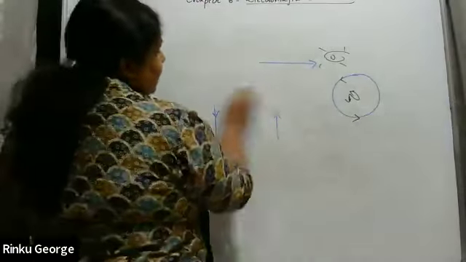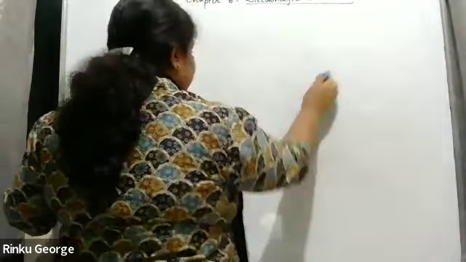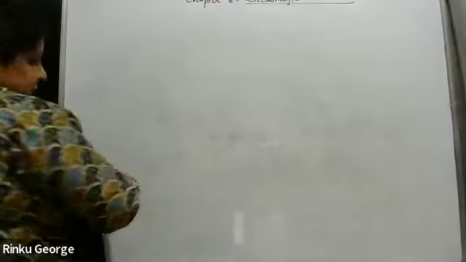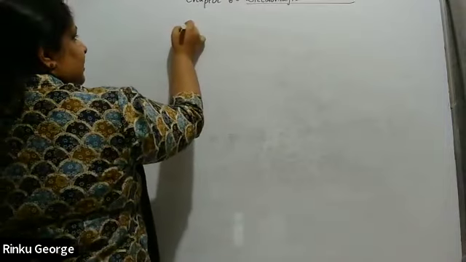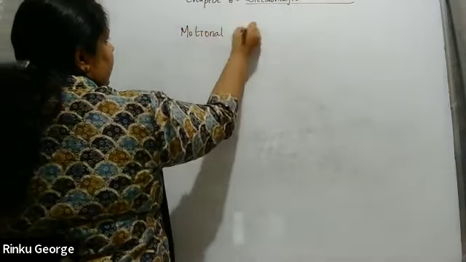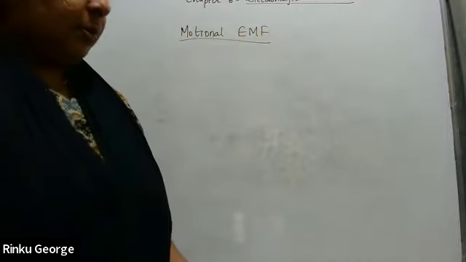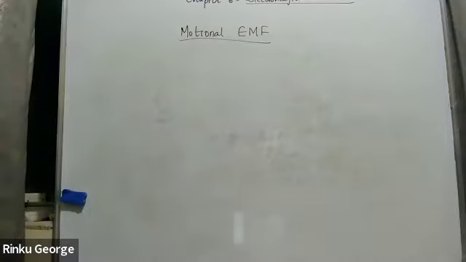Now the next topic is motional EMF. You have to take your textbook. Topic 6, there is a diagram. You have to copy the diagram. Figure 6.6, you don't have a textbook? Anybody else? All of you have? Only one? Okay, I'll give.